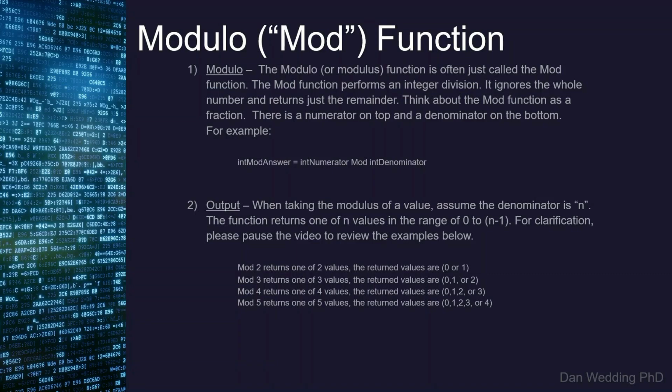When taking the modulus of a value, assume the denominator is n. The function returns one of n values in the range of 0 to n minus 1. For clarification, please pause the video to review the examples below.